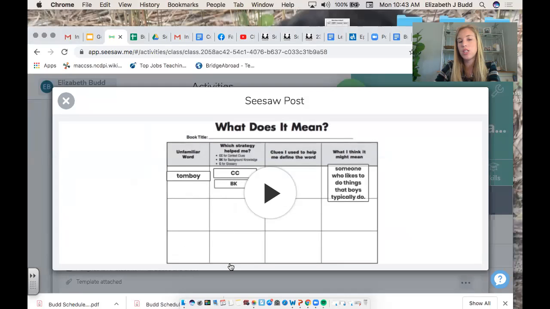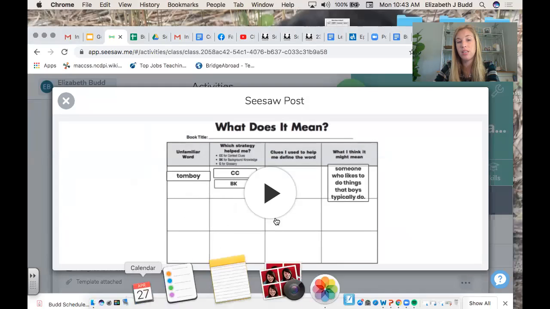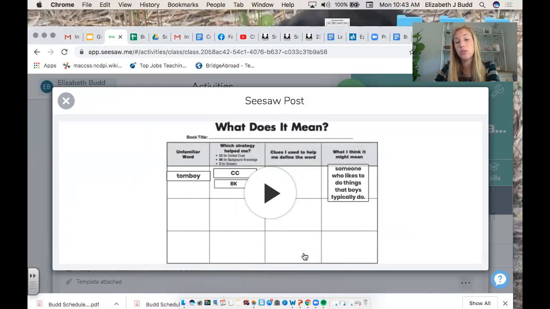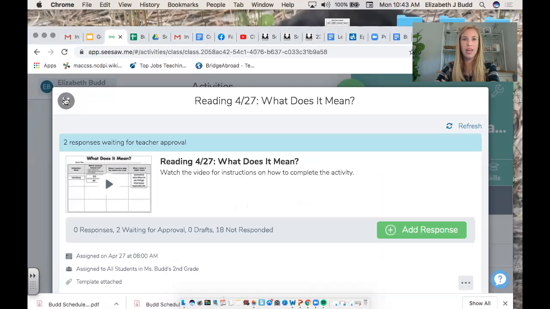Tell me which strategy you used to figure out what they meant. Write down the clues that you used to help you, and then what you actually think the word means. So you can get onto Epic and choose any book that you would like, and you just need to find 3 unknown words in that book, and then use the fix-up strategies to help you figure out what they mean.